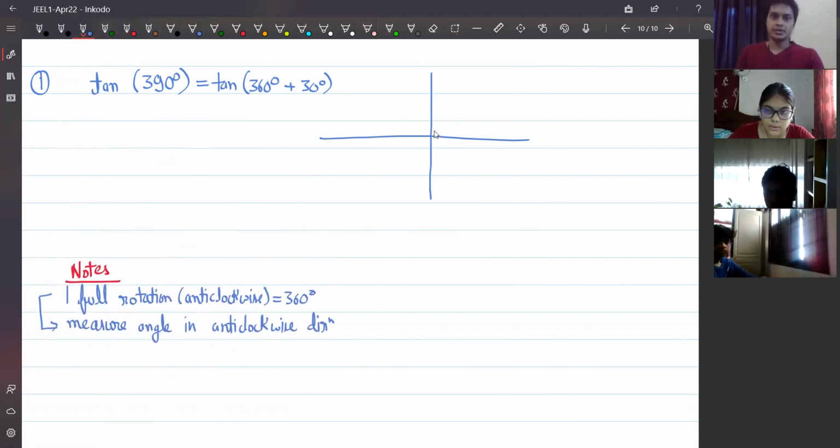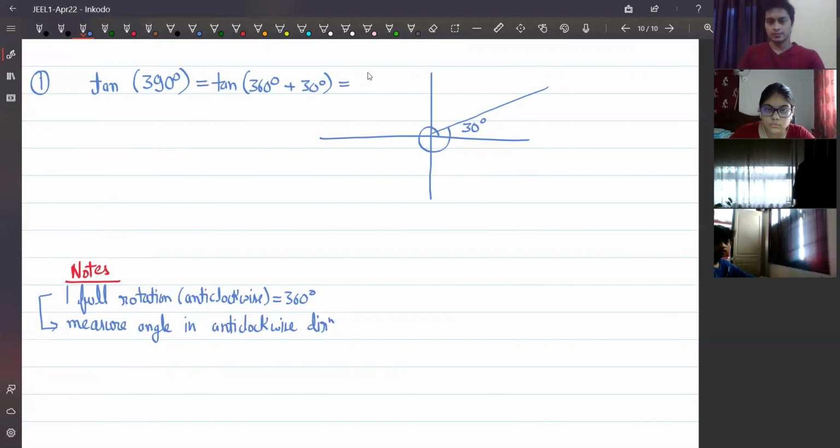Now 390 is one full rotation, then 30 degree. So that comes out to be in the first quadrant. After this, your work is easy. Kushagra, tell me the value of tan 390 now. It's tan 30 degrees, so it will be 1 by root 3. Perfect.